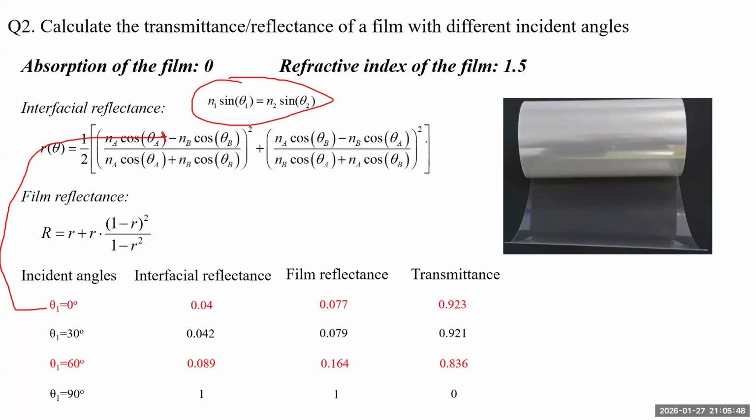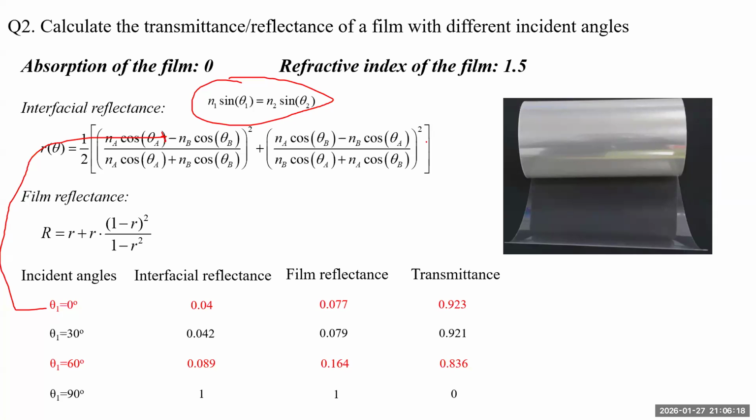The delta 1 is the incident angle. What is the incident angle?